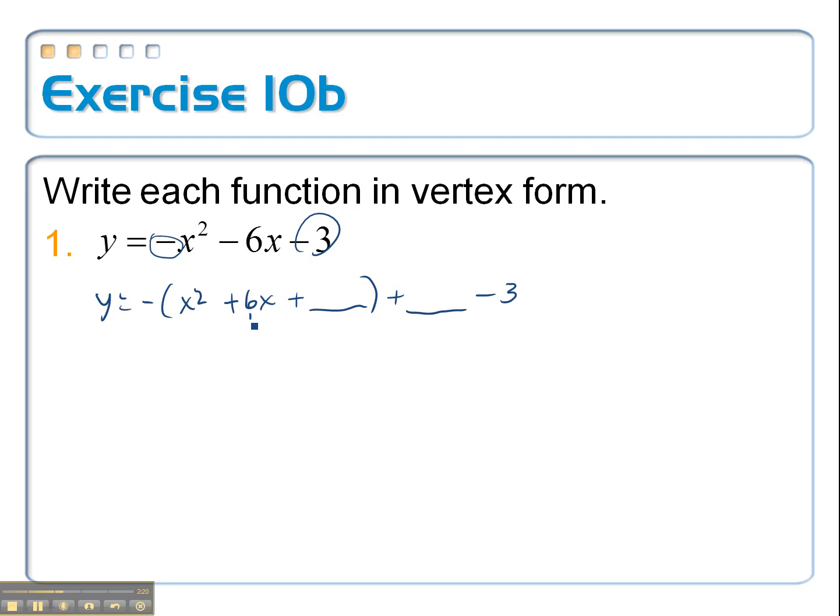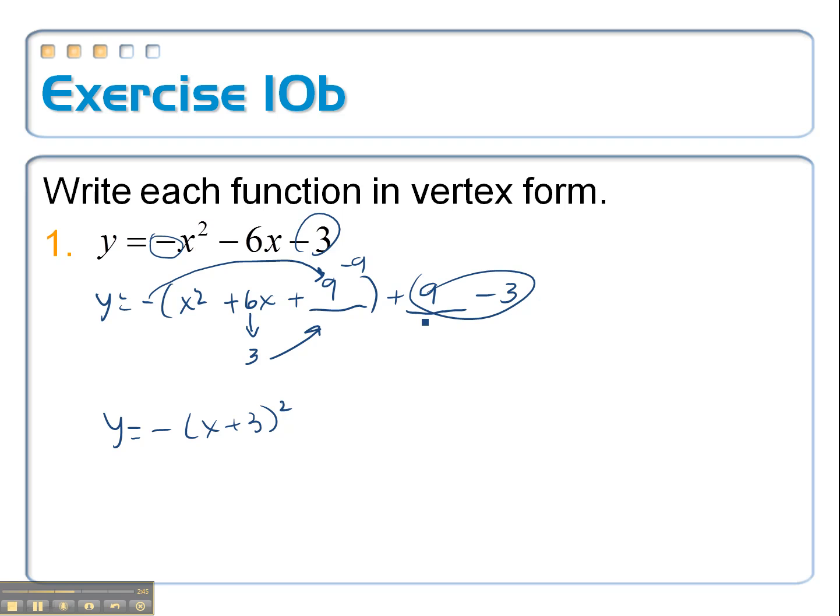So completing the square, take half of that 6, I get 3, square it, 9. But I didn't really add 9. If I multiply it times that negative 1 that's on the outside, it's as if I really subtracted 9. So I have to add the 9 that's on the outside. So y equals negative (x plus 3) squared.